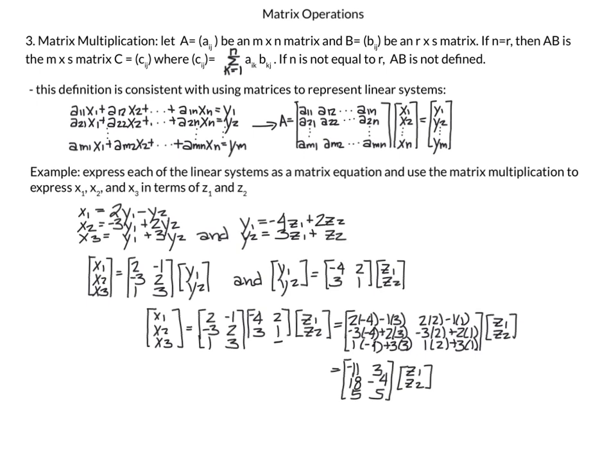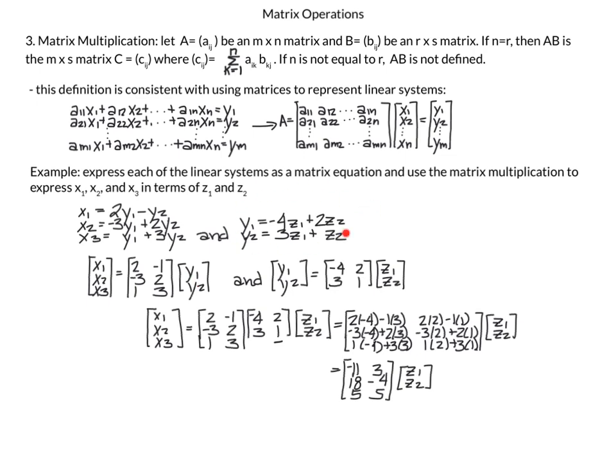I will start by expressing my first system in terms of matrices. So I have x1, x2, and x3 is equal to my coefficient matrix, which is 2, minus 1, minus 3, 2, 1, 3, times my unknowns, which is y1, y2.